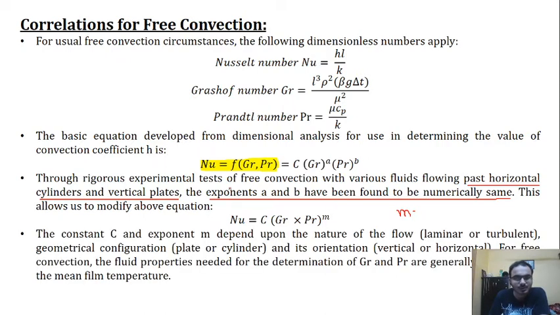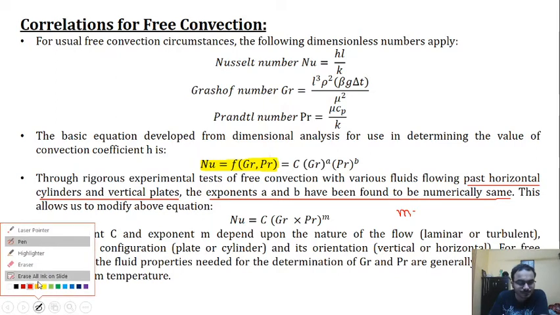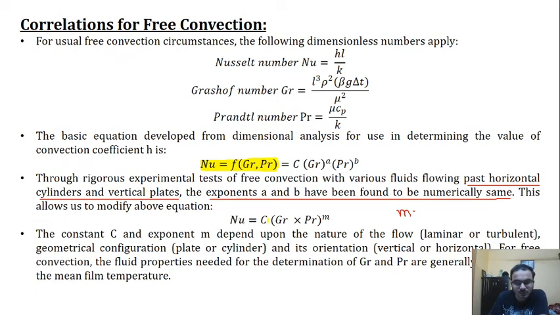Now the important part is these two values, that is, what will be the value of C and what will be the value of M. Because Gr and Pr are based on the conditions and experimental data we have, that is, the temperature and the geometry.